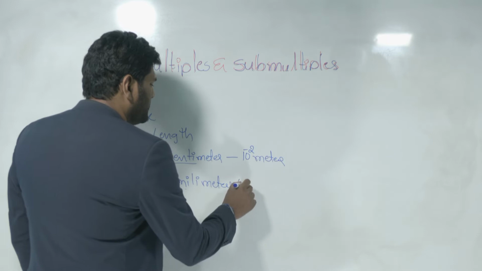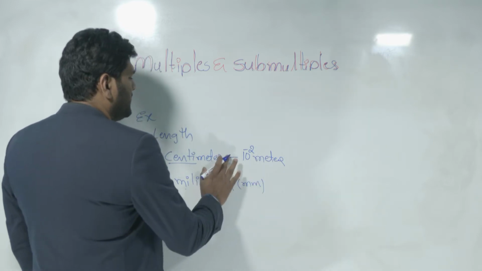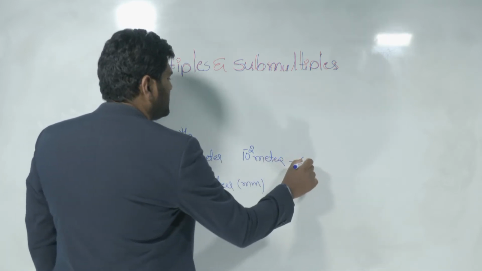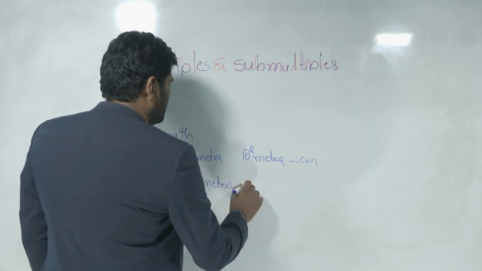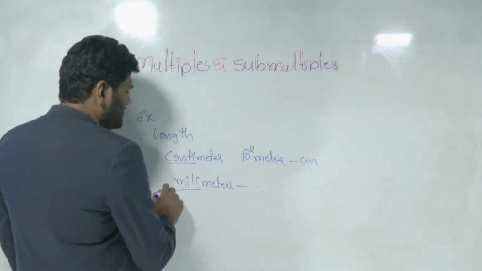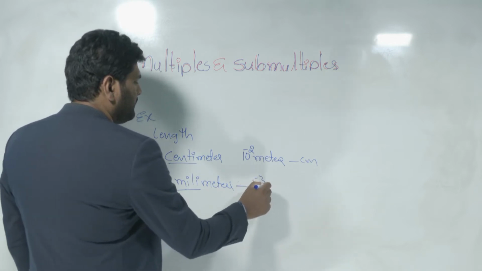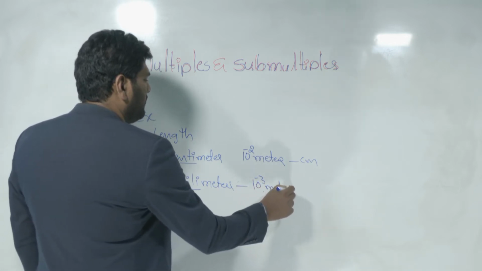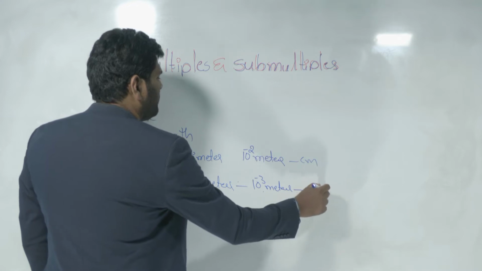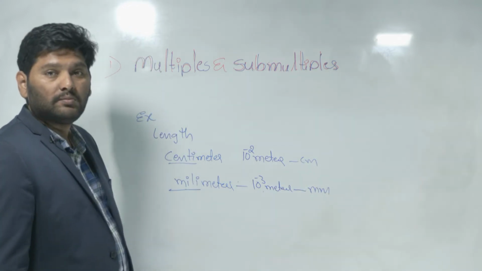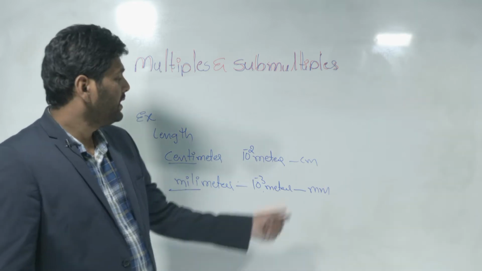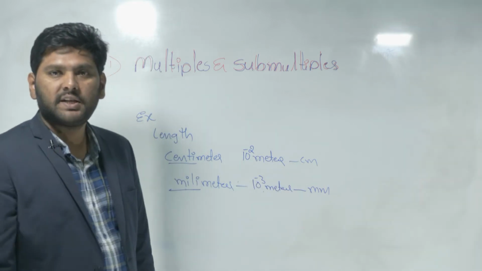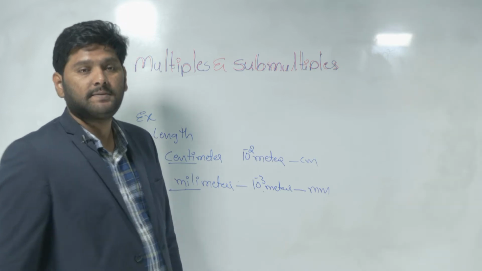Millimeter we represent as mm, and centimeter as cm. Milli stands for 10 power minus 3 meter, shortly written as mm.